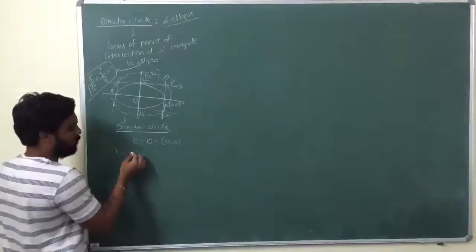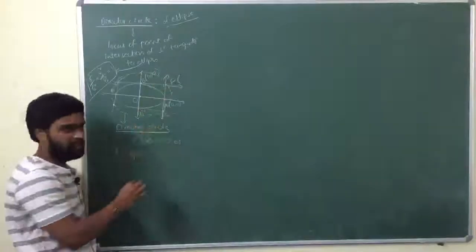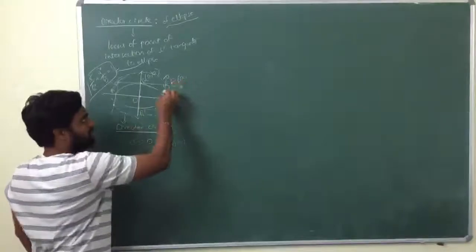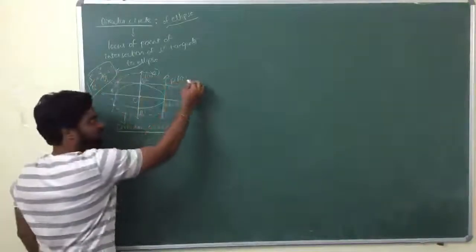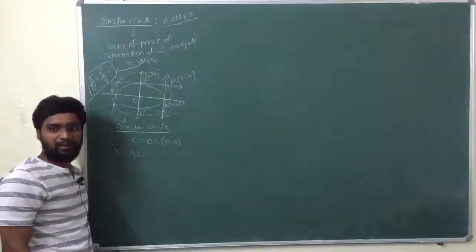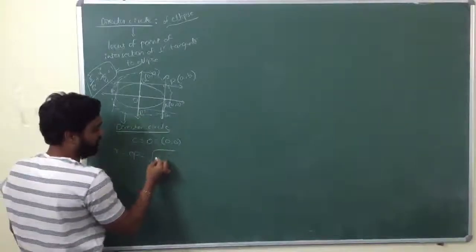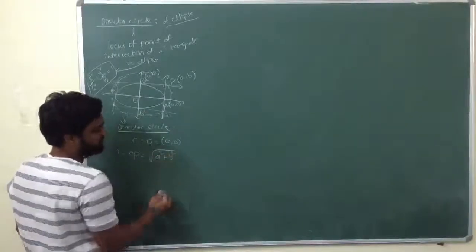First find point P. This is the line x is equal to a, so the x coordinate will be a, and this is the line y is equal to b, so the y coordinate will be b. So point P is a comma b. The radius OP is under root a square plus b square.